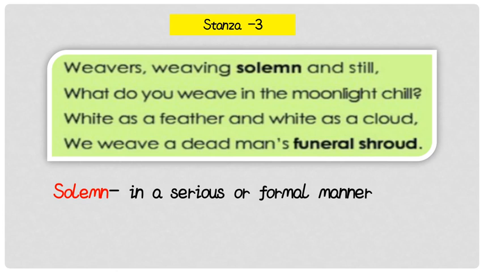So that is why she mentioned it here: what are you weaving in the moonlight chill, at night? And what color? White as a feather and white as a cloud. Here no colors, only white. White as a feather and white as a cloud means full of white.